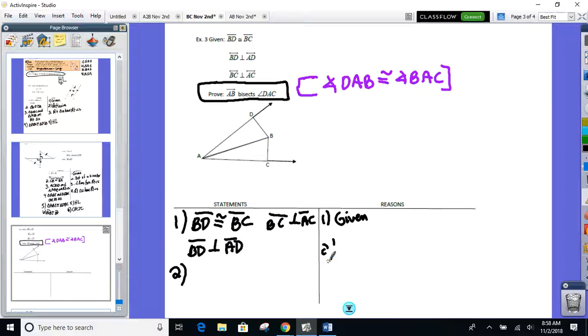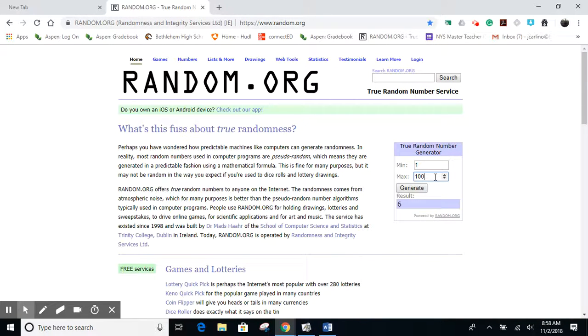I got BD congruent to BC. Okay, where are you going next on me here? Where are you going next? Here we go, 27. Where are we going next?